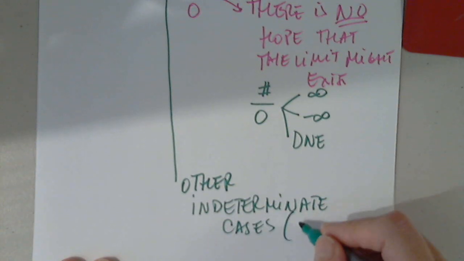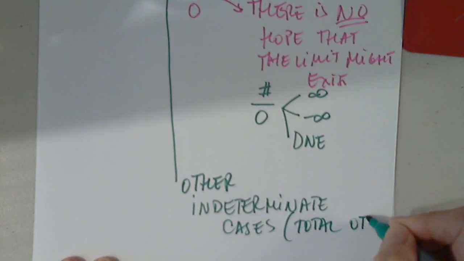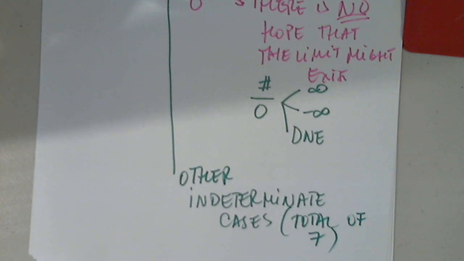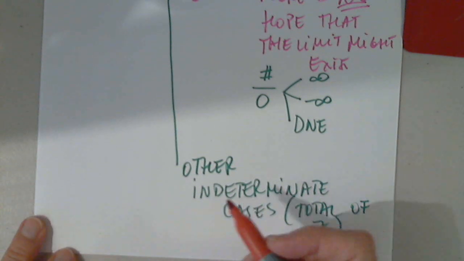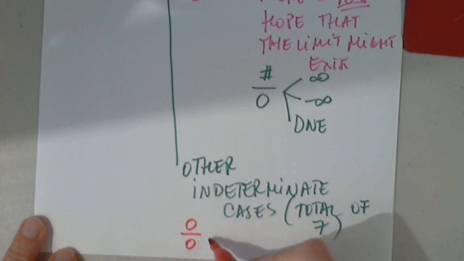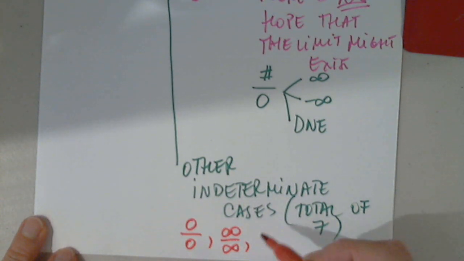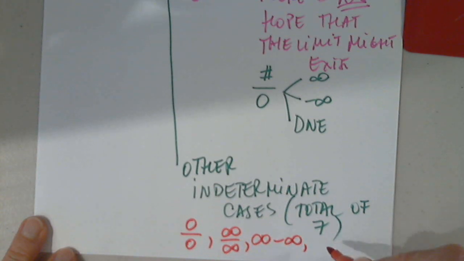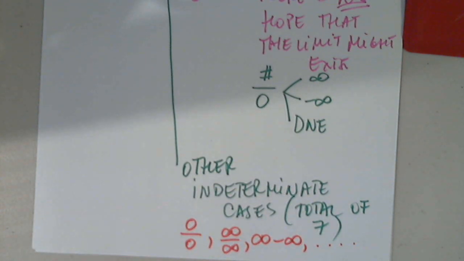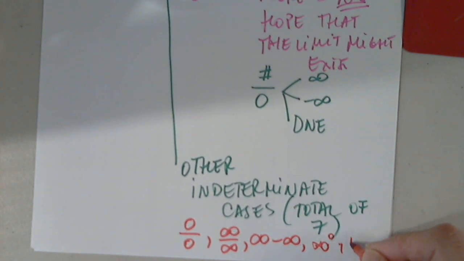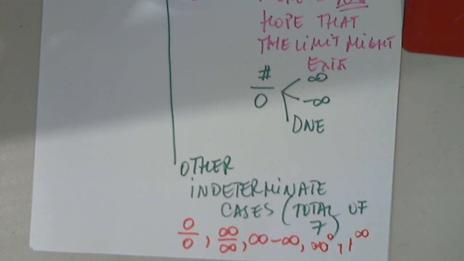So there are a total of 7 indeterminate cases. I'm going to list just a couple more that we will see in this class. So 0 over 0, infinity over infinity, infinity minus infinity, and so on and so forth. And some powers, like infinity raised to 0, 1 raised to infinity, something like that.